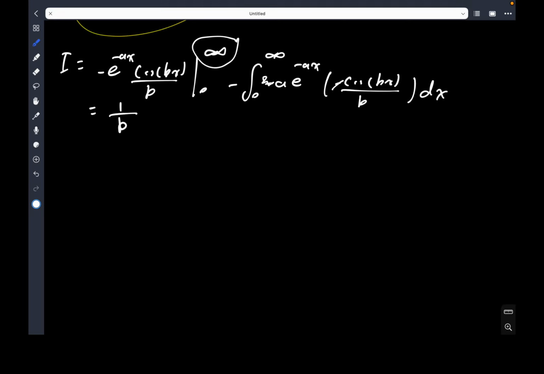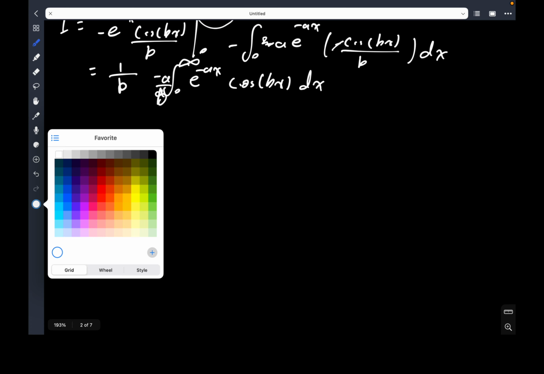So 1 over b minus the integral from 0 to infinity of minus a over b e to the negative ax cosine bx dx. Now I'm going to do the u substitution again here. Sorry, integration by parts.